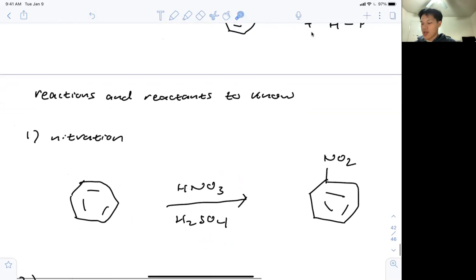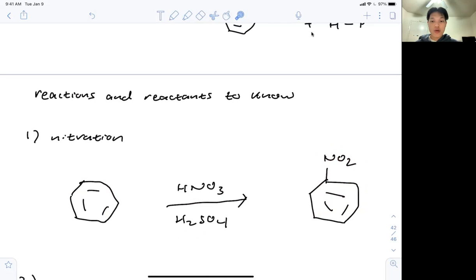And through a series of reactions and mechanisms, you have this NO2 at the top of the benzene ring, right? And then we still preserve this aromaticity. So this is called nitration. Benzene plus HNO3 under acidic conditions yields a benzene with this NO2 group at the top, okay?